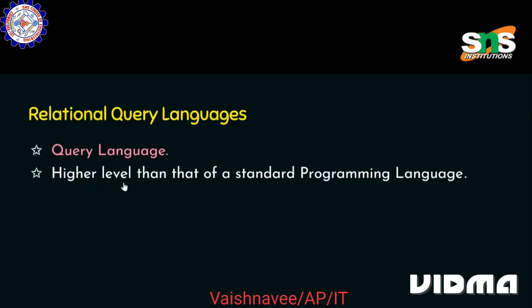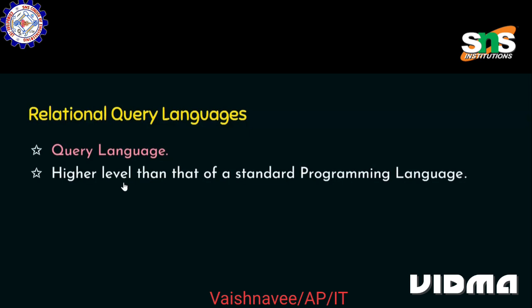Why is it higher level? When we withdraw money from an ATM, we go to the ATM machine, and there is a user interface. We interact with the system through that user interface only. That user interface is written in a high level programming language. All our data is stored in the backend database, but we retrieve the data from the front end, which is written in a programming language.